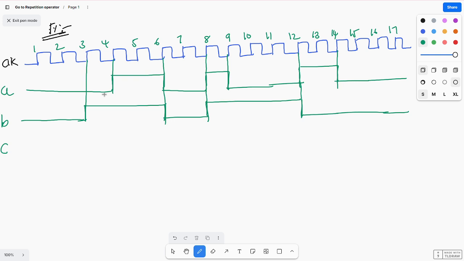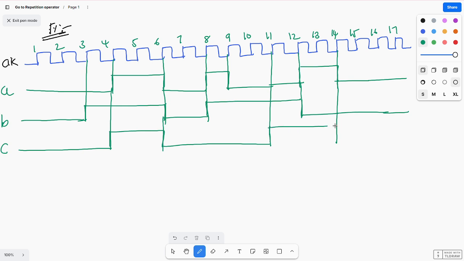At the fourth cycle it becomes 1, at the sixth cycle it becomes 0, again at the 11th cycle it becomes 1, and at the 14th cycle it becomes 0.